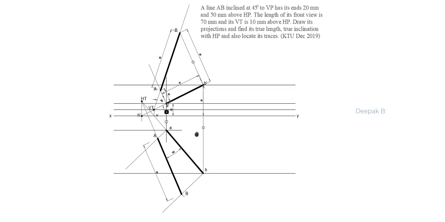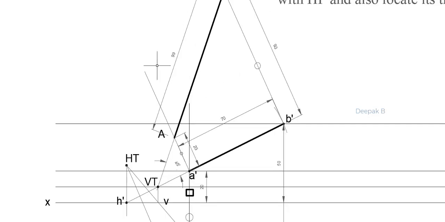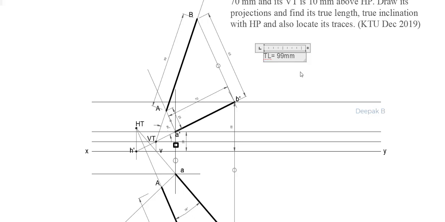So our solution is complete now with regards to this problem. So the line AB was drawn, and we have drawn its projections. That is, the top view has been drawn. The front view was already given in the question, and we have found its true length. True length is 99, so we will just write it here. That is, true length will be equal to 99 millimeter.